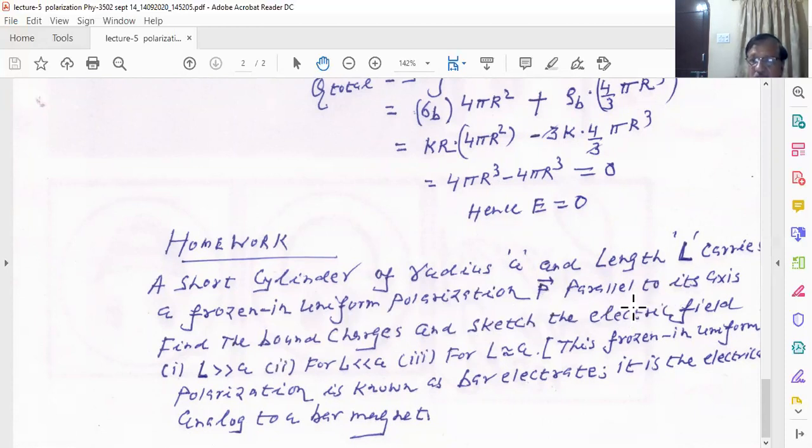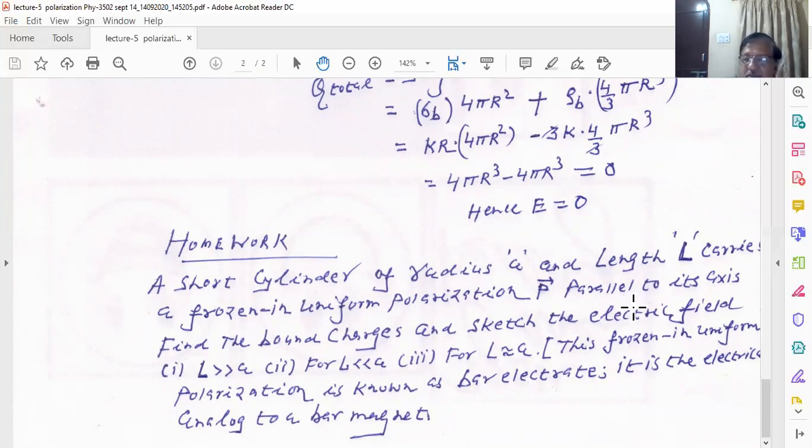That means you have a polarization which is frozen in, even in the absence of an electric field. When you place a specimen in an electric field, there is a polarization, and if the polarization is locked and frozen, it stays even when you remove the field.